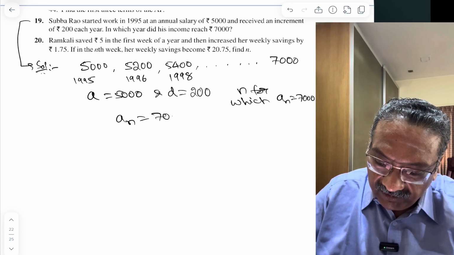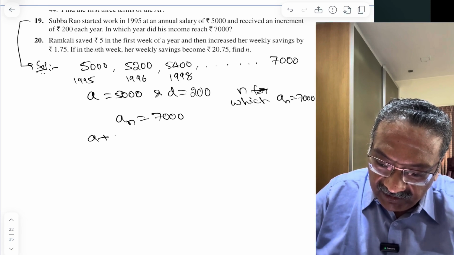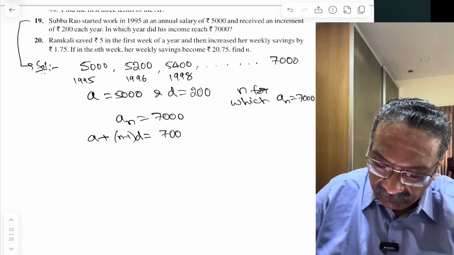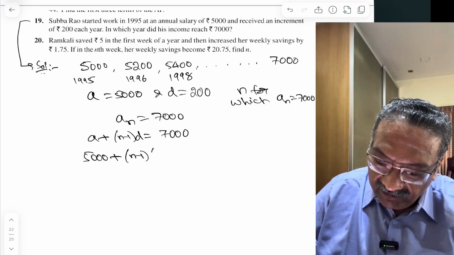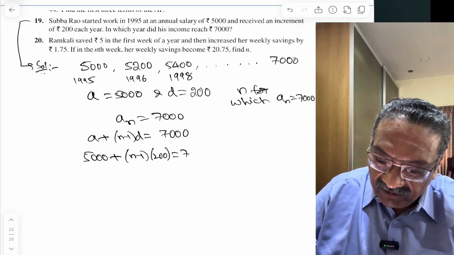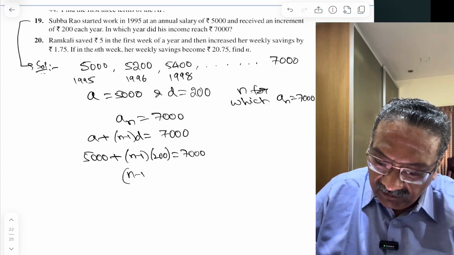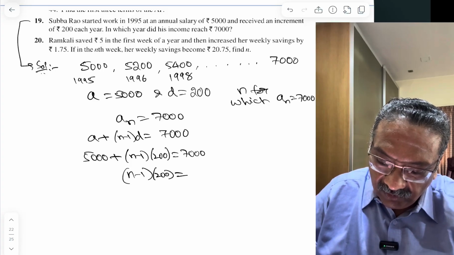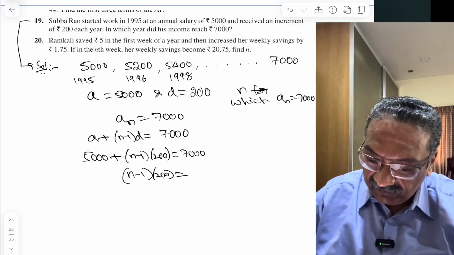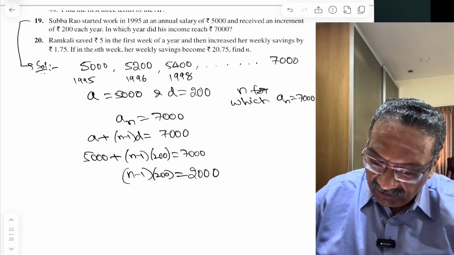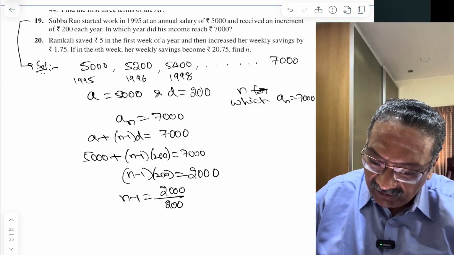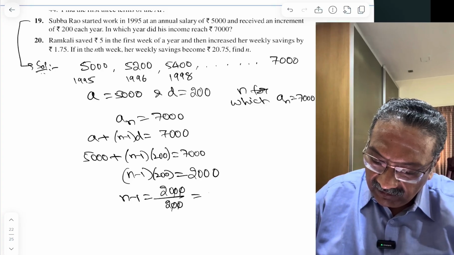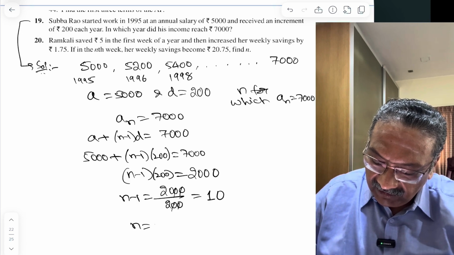AN is A plus n minus 1 D, which is 7,000, or 5,000 plus n minus 1 into 200 is equal to 7,000. n minus 1 into 200 is equal to 7,000 minus 5,000, which becomes 2,000. n minus 1 is equal to 2,000 divided by 200, which happens to be 10. So n is 11.